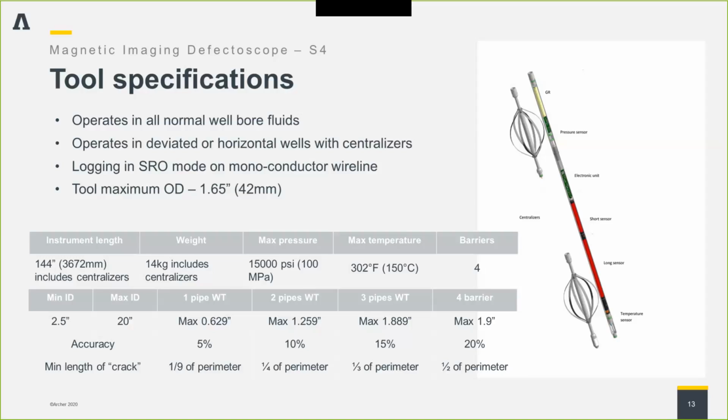If we're only looking at 1 barrier, then we can go up to 0.6 of an inch. With 4 barriers, the total cumulative thickness that we can do is 1.9 inches. The accuracy of each of the measurements decreases slightly because of more uncertainty as we go out with more barriers. So we have to bear that in mind when we're looking at the interpretation.